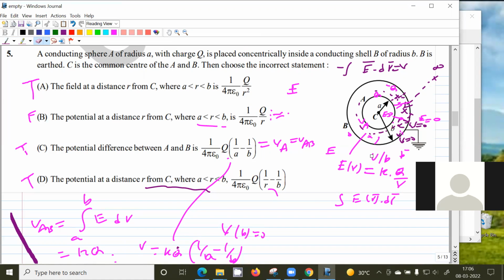The electric field at a distance R is 1 by R square. Okay. So using that, then we'll get 1 by B minus 1 by A. No, it's minus. Okay, minus sign you have included. So this is the expression for potential at a distance R.